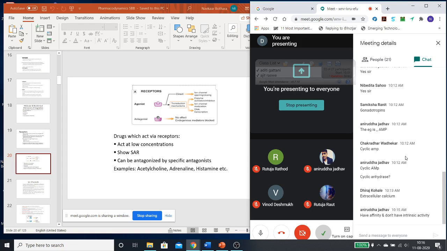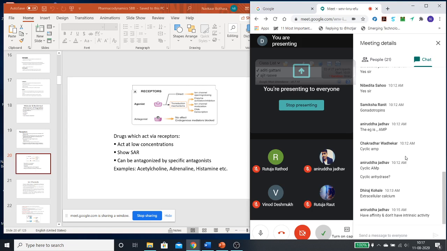Very important thing is that there are two components in each drug. One component is essential for binding of the drug to the receptor. So that component is there, and only then can the drug be bound. And the second component is very important for making it active, or having the intrinsic activity.